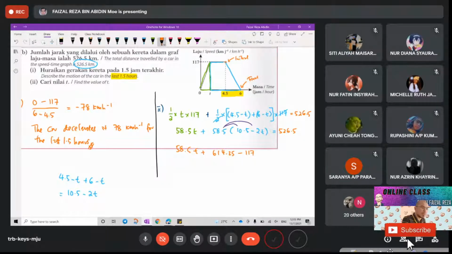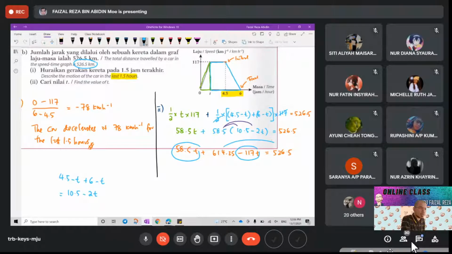117, again. So this is going to be equal to 526.5, so this one is going to be t, these are like terms.